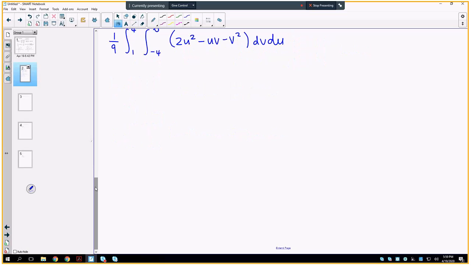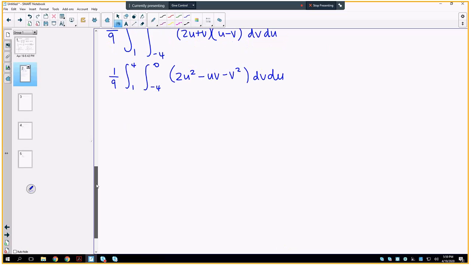So now I'm ready to start taking antiderivatives. I'm first going to take the antiderivative with respect to v, so I'm going to treat u's as constants. So this will be 1/9 times the integral from 1 to 4. My first term, 2u squared, is a constant, so that becomes 2u squared v, minus u v squared over 2, minus v cubed over 3.